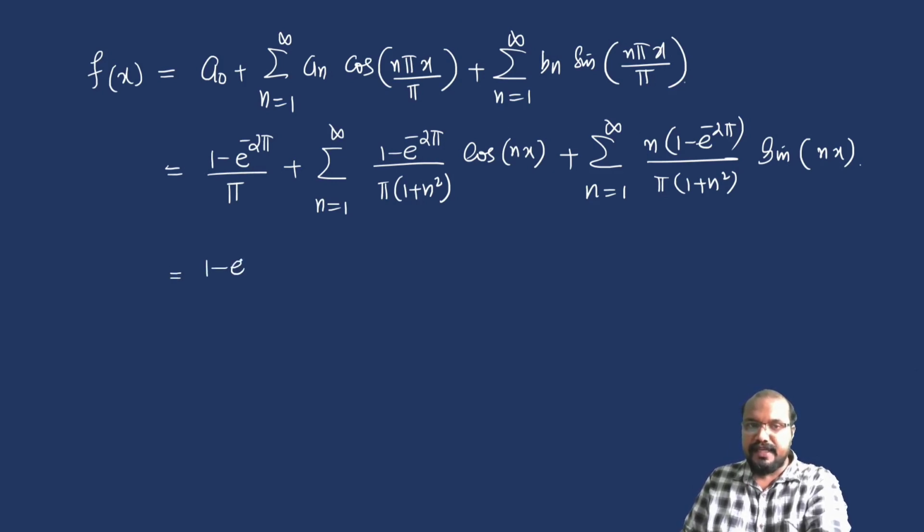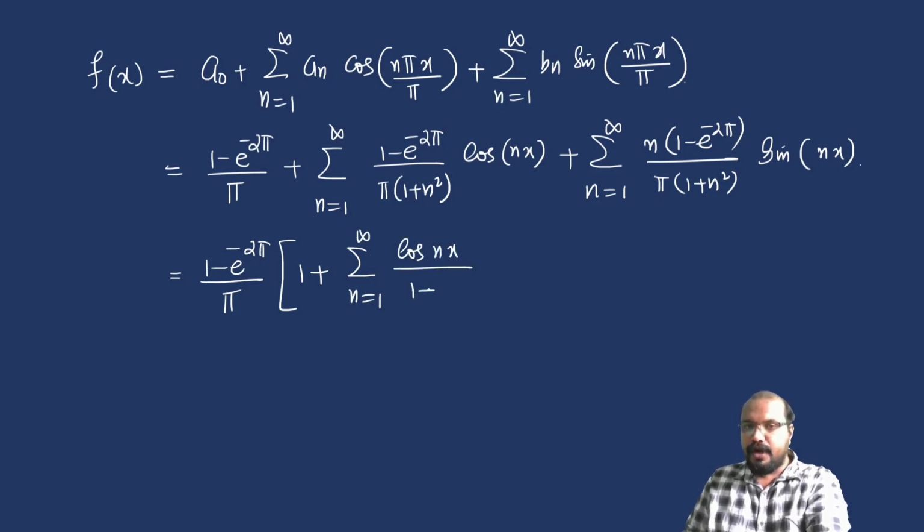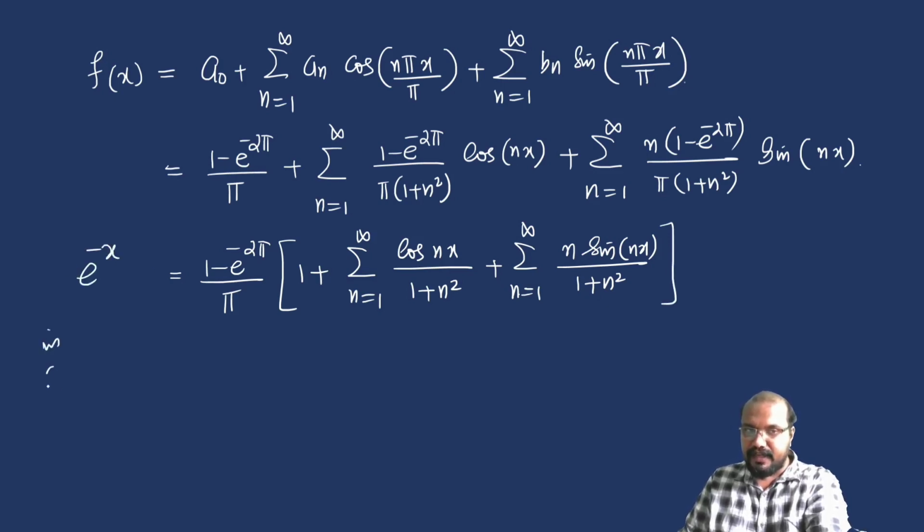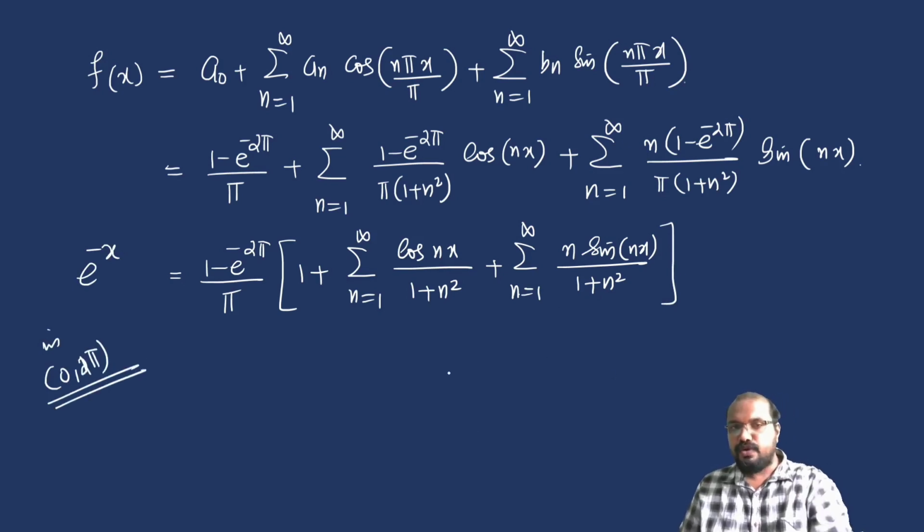So 1 minus e raised to minus 2 pi by pi into 1 plus sigma n from 1 to infinity cos nx divided by 1 plus n square plus sigma n from 1 to infinity n into sine nx divided by 1 plus n square will be the Fourier expansion of e raised to minus x in the interval 0 to pi. I hope you understood what I said in this video.